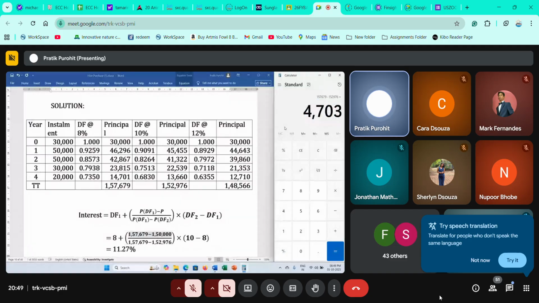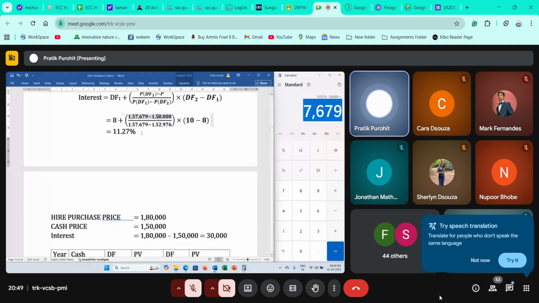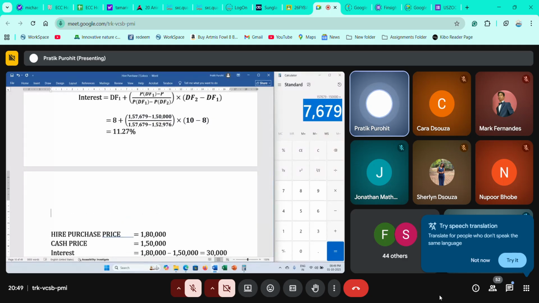I want to reduce this: 157,679 minus 1,50,000, I want a change of 7679.